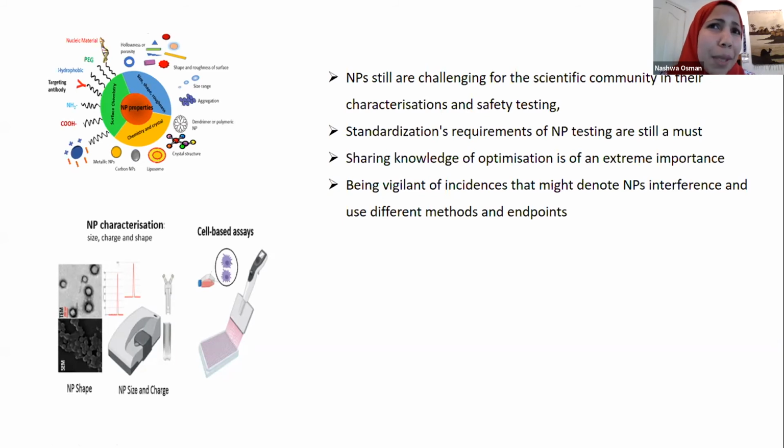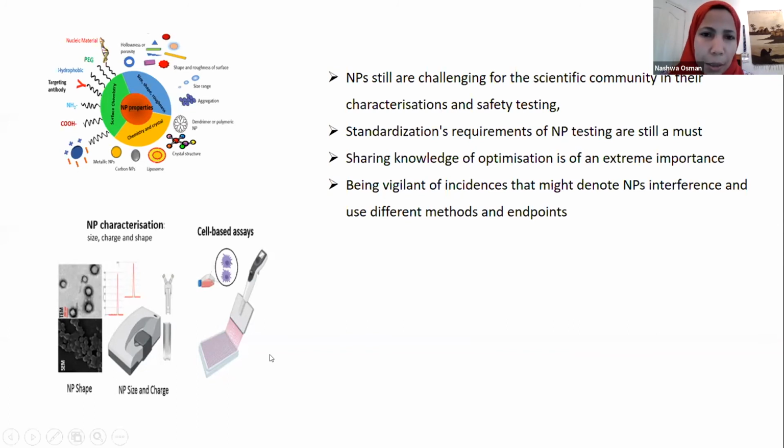The optimization method is of extreme importance because it tells the wider scientific community why these challenges happened, how you managed to overcome them, and what is the significance of this information to be known or published. We have to start sharing information regarding optimization of nanoparticle testing.